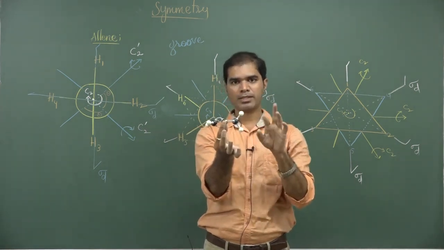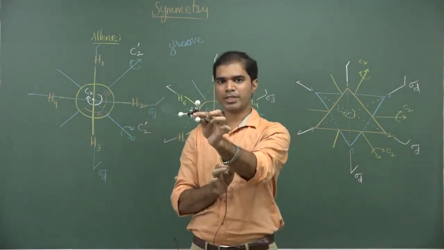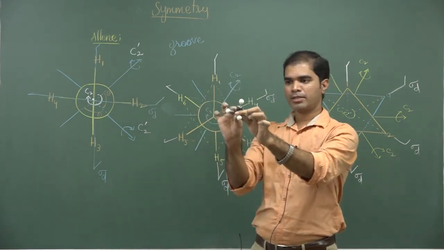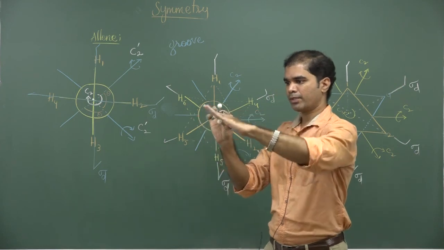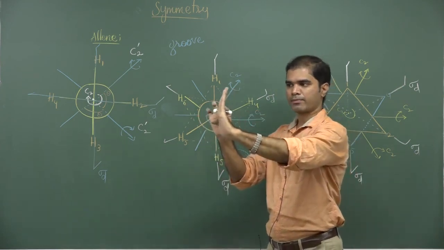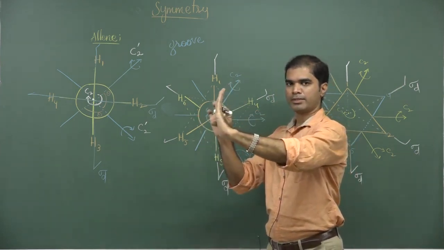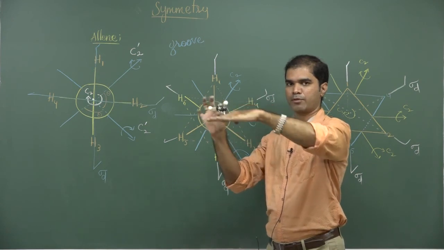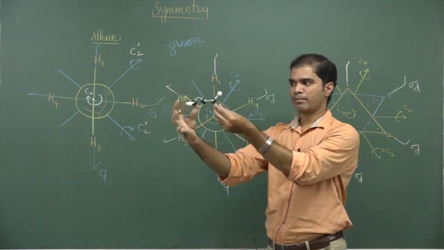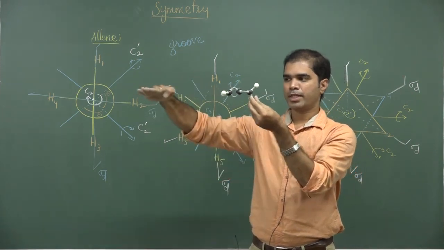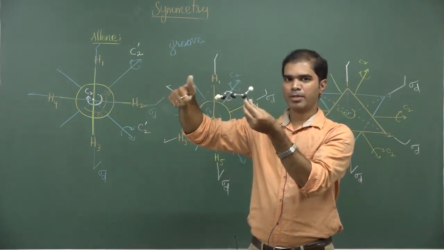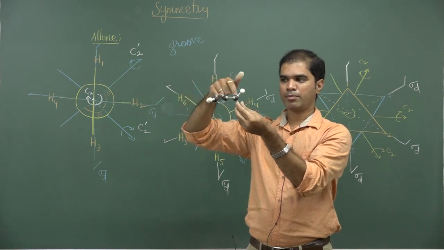These two are not similar, they are not equivalent, they are not identical, therefore I cannot pass a sigma h. But I can pass a sigma d. Where is that sigma d? You can check. That sigma d is this. The second one is this. One sigma d, second sigma d. Each sigma d or dihedral plane is taking up 3 carbons.